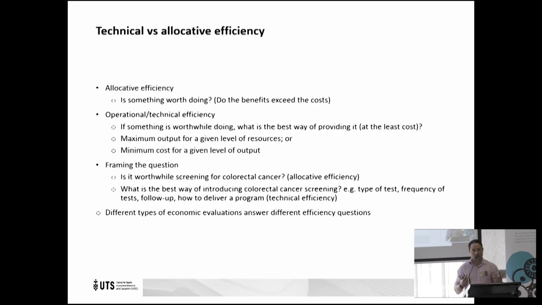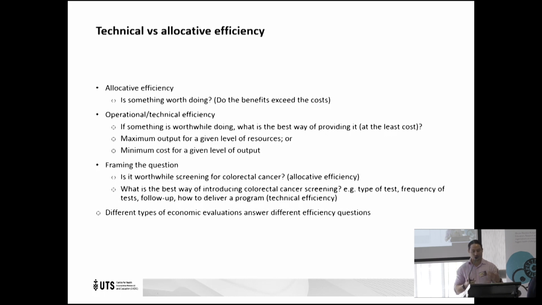And it's really how you frame the question, what efficiency you're looking for. So if we're considering whether screening for colorectal cancer is worthwhile, we might want to look at that allocative efficiency part of our economic evaluation. But if we decided that's a good thing to do and we want to work out what's the best way of providing it, then that's looking at that technical efficiency.